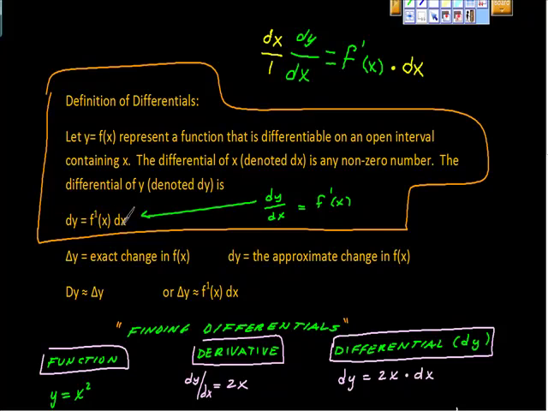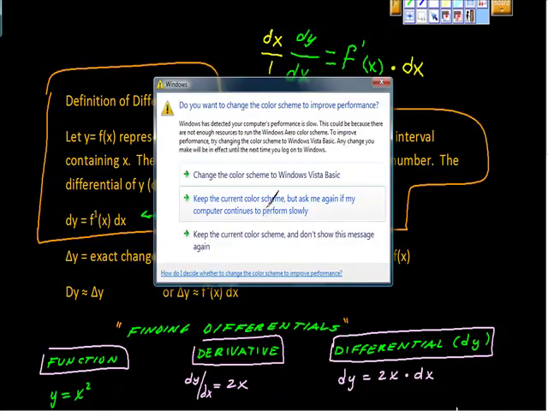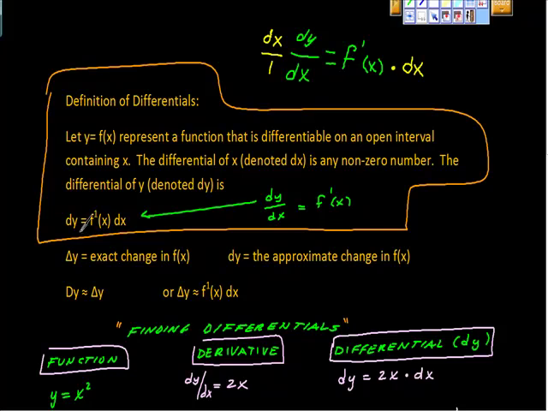This seems like kind of a big deal, but it's not. This is not a new concept, actually. If you look up here, I think we can agree that dy/dx is f prime at x. It's just stated in another way. To create dy equals f prime at x dx, all I'm going to do is multiply both sides by dx.